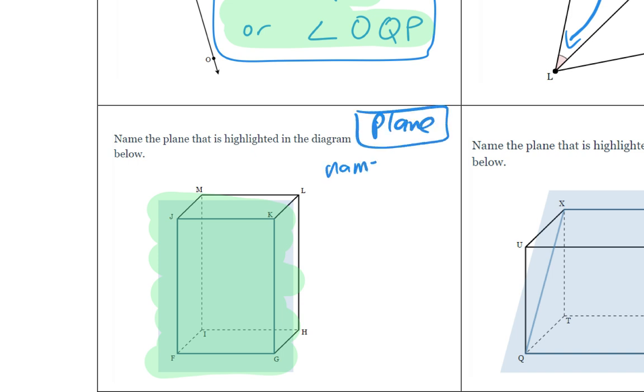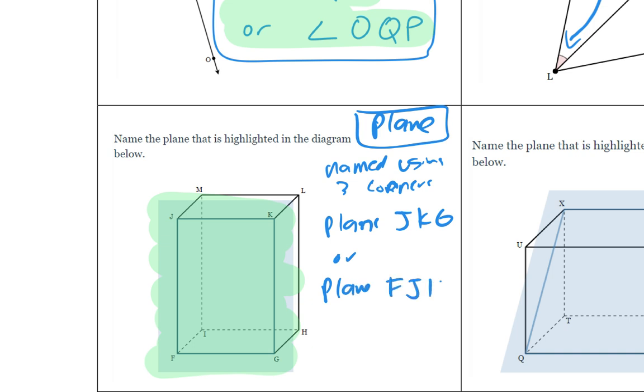Okay, it's named using three corners. So we can say this is called plane JKG or plane FJK.